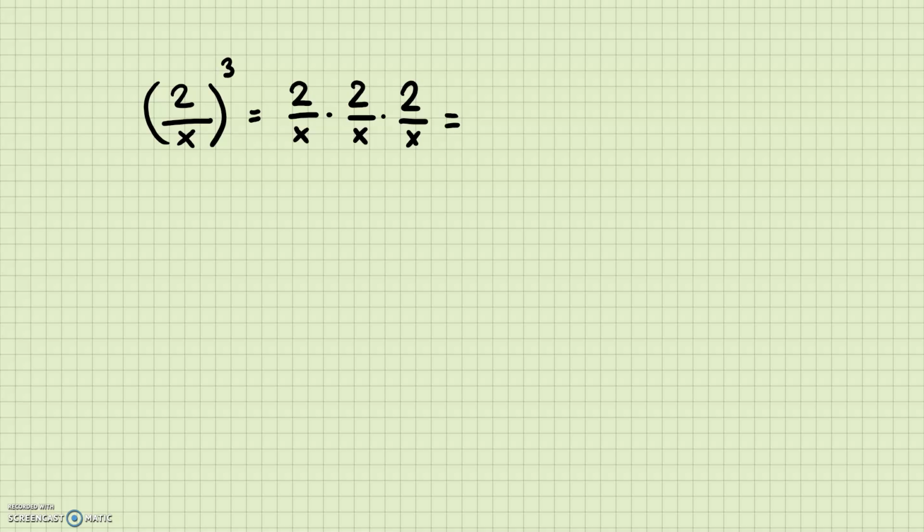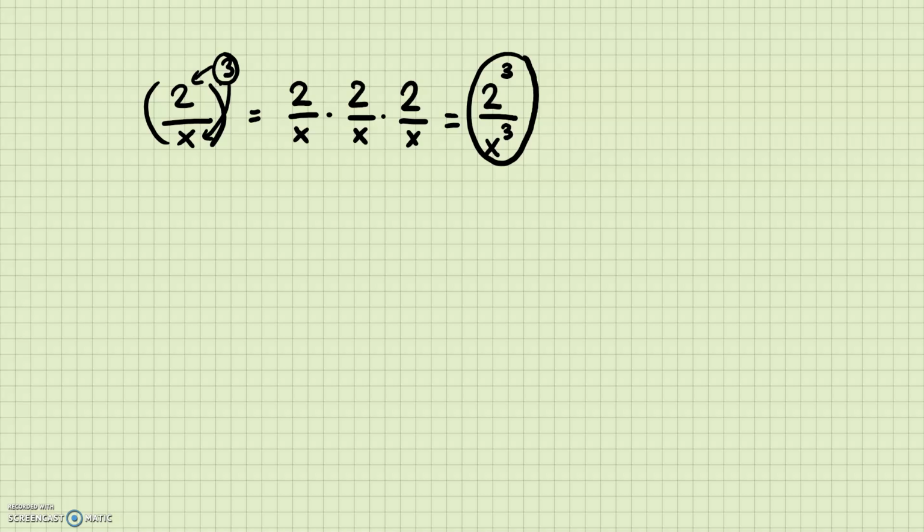And we have 3 2's on the top, so that's going to be 2 to the power of 3. And 3 x's on the bottom, that's going to be x to the power of 3. And again, if you compare this to our original question, you can see that the exponent of 3 was being distributed to both the numerator and the denominator.